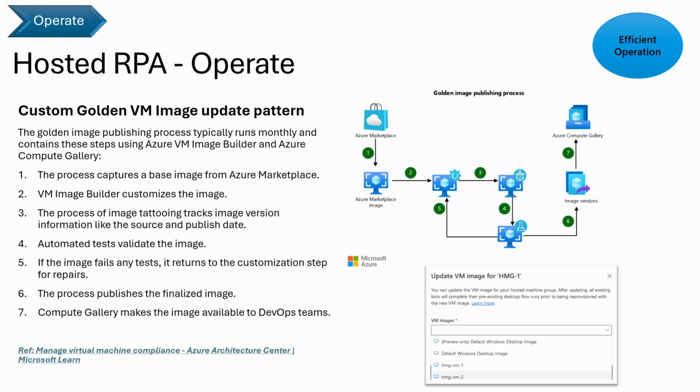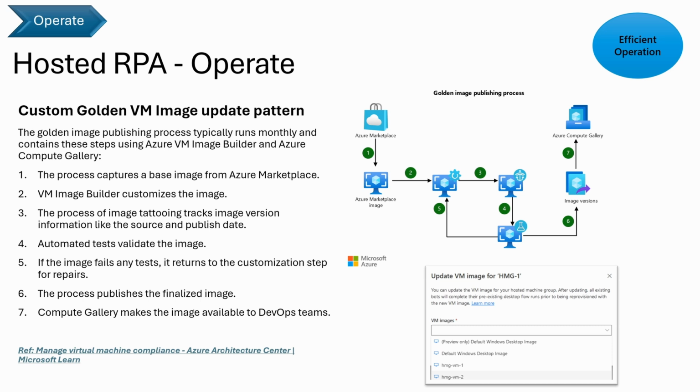If for any reason they fail, you send it back to the image builder again to ensure that all of those issues are resolved. Once the validation step passes, that's when you push the image version into the Azure Compute Gallery. So this allows you to have, in a cyclic manner, the latest golden image for a hosted machine or a hosted machine group available within the Power Automate portal.